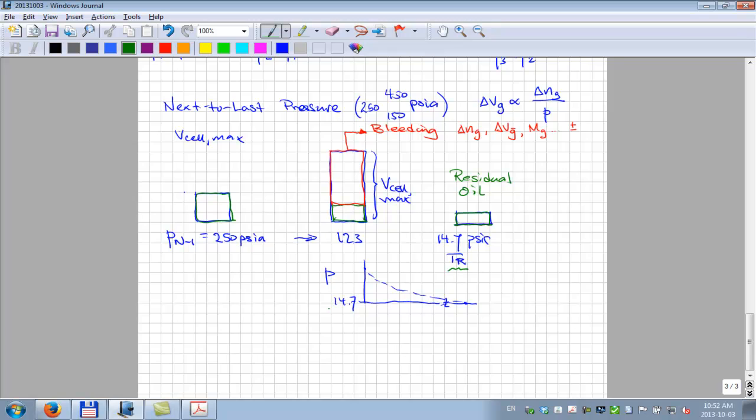But it's at reservoir temperature. Then what they'll do in the lab is they'll cool down to 60 degrees Fahrenheit. And the oil volume will shrink just a little bit. So now we're at 14.7 psia and 60 degrees Fahrenheit. It's the same oil, there's no gas released, it's just at two different temperatures.